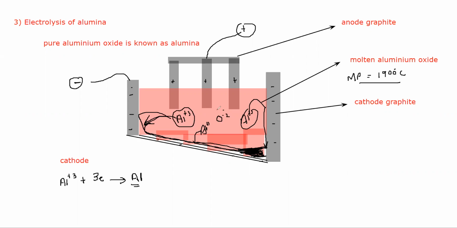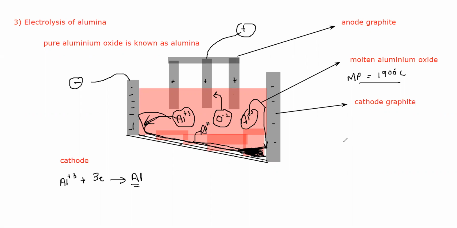So what will happen at the anode? Oxygen, which is negative, is attracted towards the anode. This whole thing is negative. This is one part, Afif.